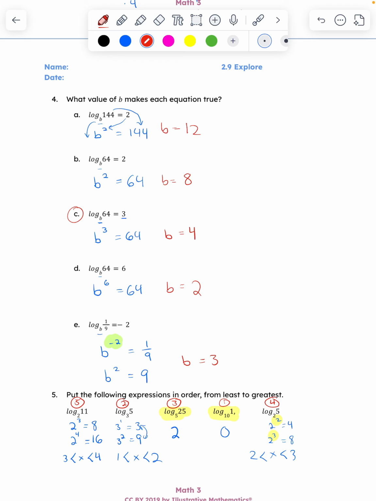So again, the trick there is to translate from the log notation that is difficult to understand to exponential notation that I can understand and estimate, right? I'm using benchmark integer powers to see where the logarithm that I'm concerned about will fall.